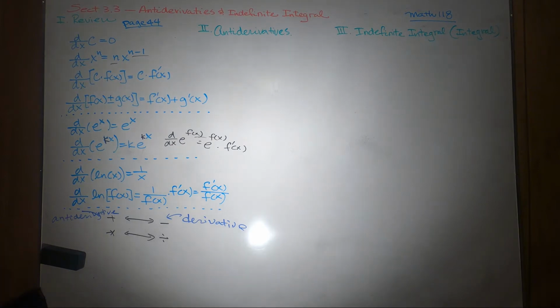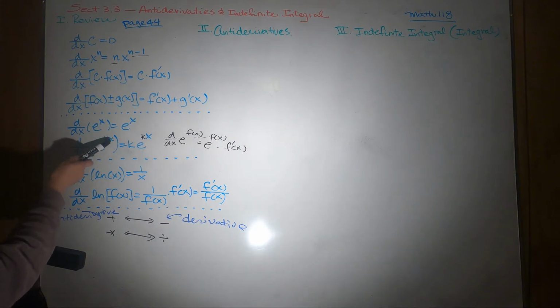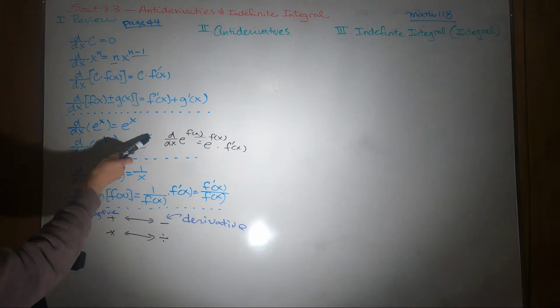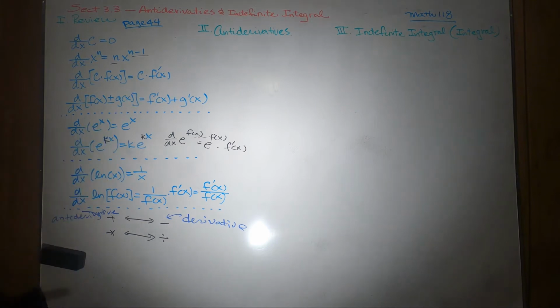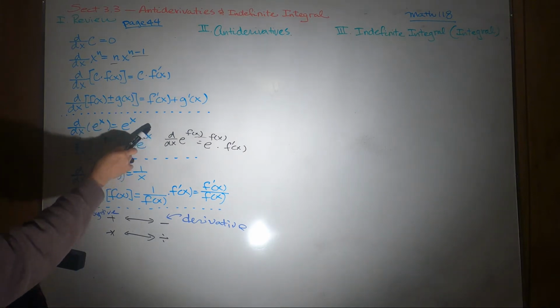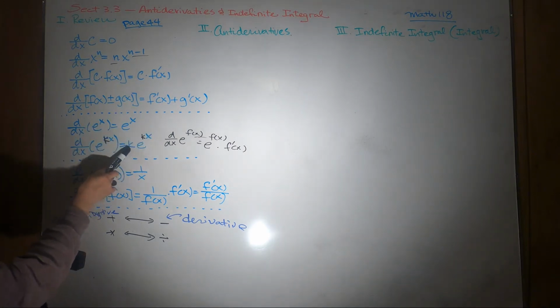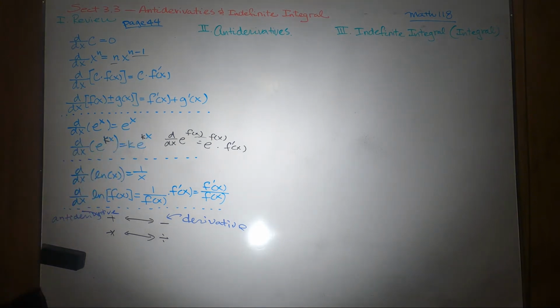You need to fix your answer key for this. Because anything e to the some power, kx, you should have the same thing, e to the f of x. So it should be e to the kx power. Then you take the derivative of f of x, and that would be k. So you put it to the front, right?